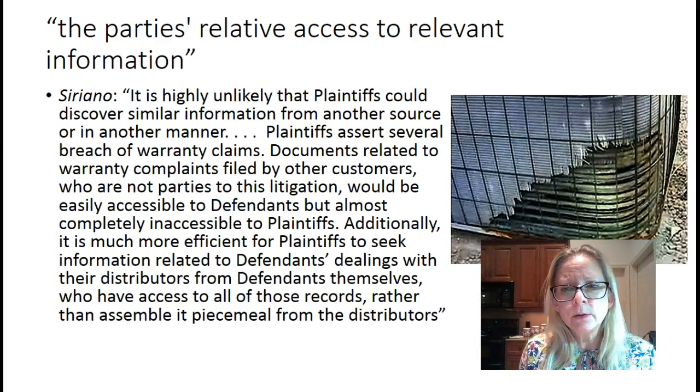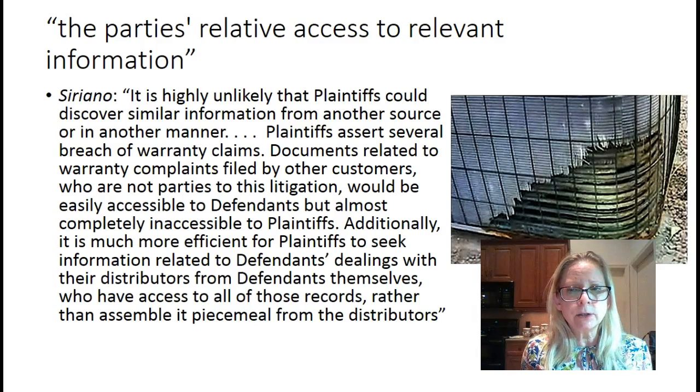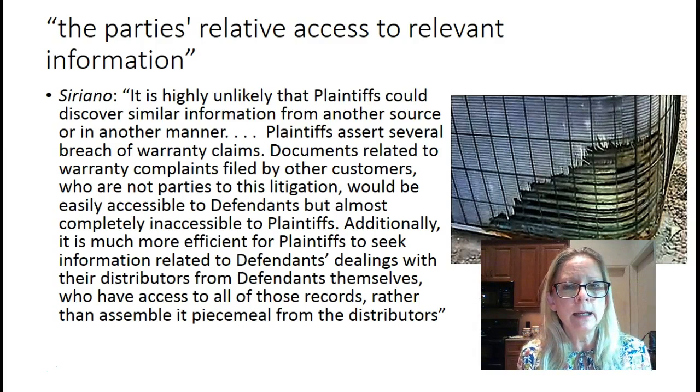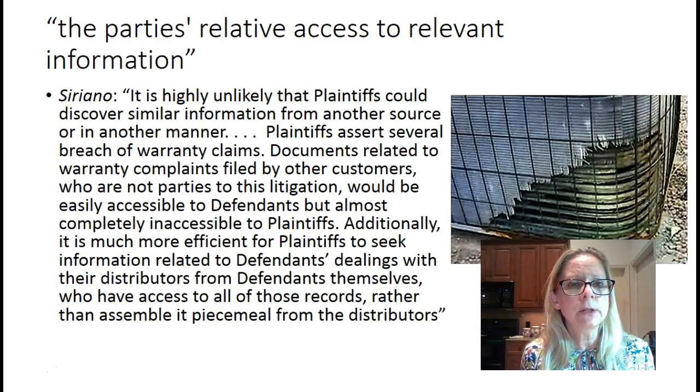The Siriano case considered this factor and addressed it at length. It said it is highly unlikely that plaintiffs could discover similar information from another source or in another manner. Plaintiffs assert several breach of warranty claims.